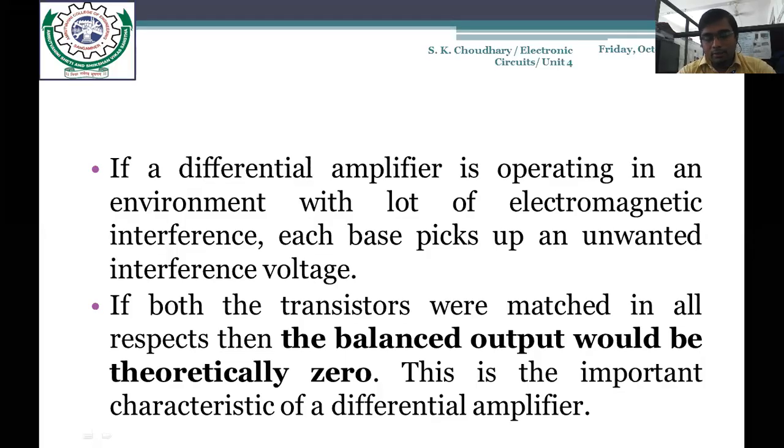And we know that if both transistors used in the differential amplifier are completely matched in all respects, which is the condition we have considered from the start of the discussion, then the balanced output would be theoretically zero. Ideally the balanced output would be zero, but practically it is not happening.